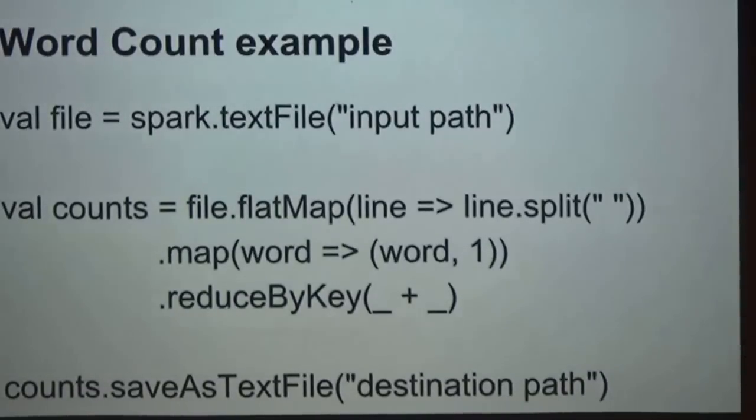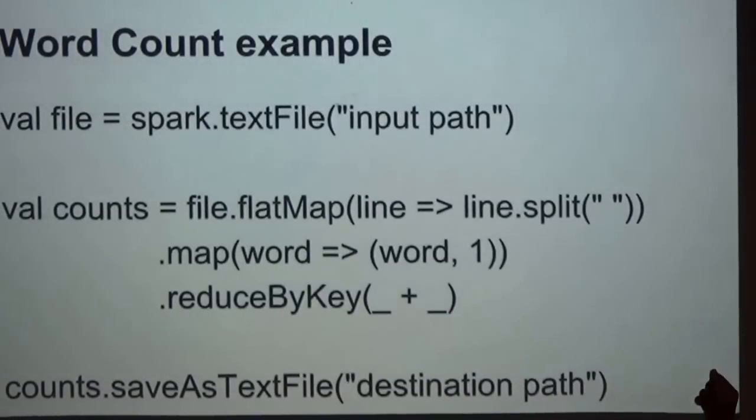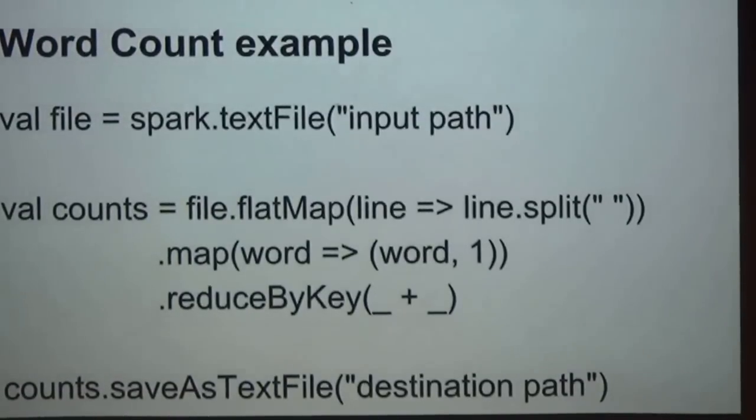And I just split the lines by a space so that I get words. I then map each word to a tuple with the word itself and a constant one, and I reduce it so that I group by key and add the counts, right? It will give me a word count.